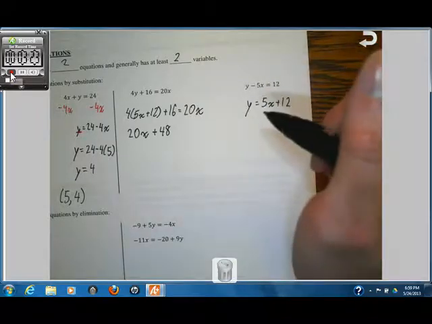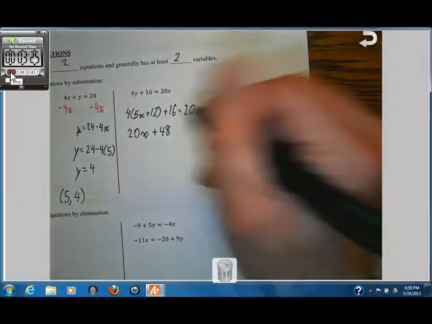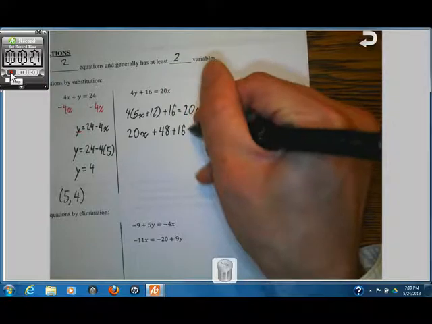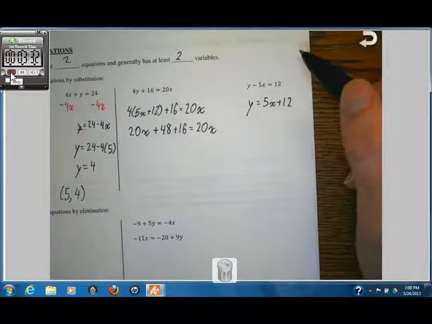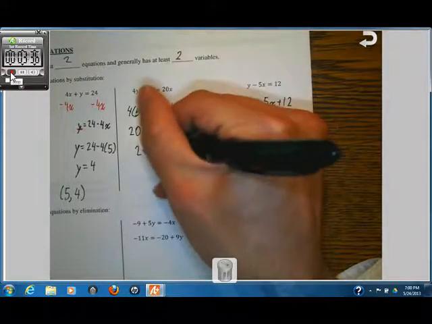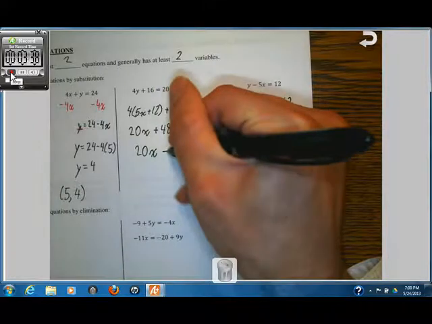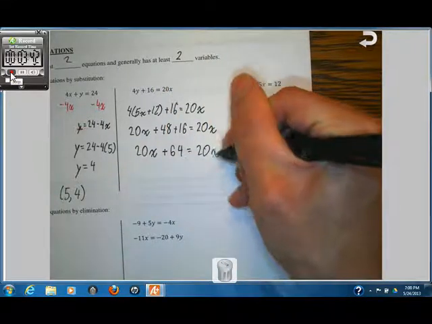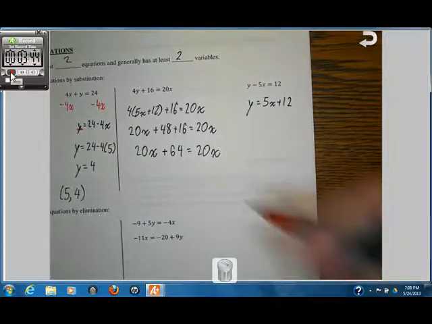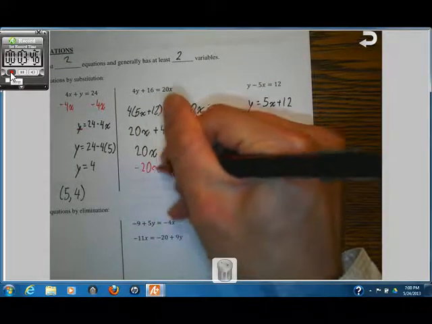Well, then you combine your like terms further. 48 plus 16, 64. 20x plus 64 is equal to 20x. Well, this is going to be fun in the end. I'll show you why. When you subtract 20x from both sides, variables cancel on both sides of the equation to 0. This leaves you with 64 is equal to 0.